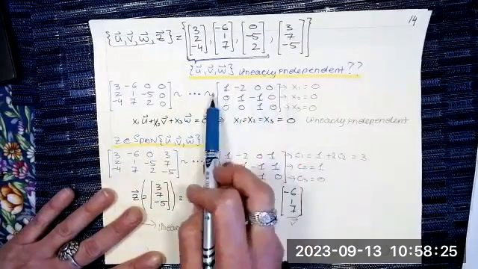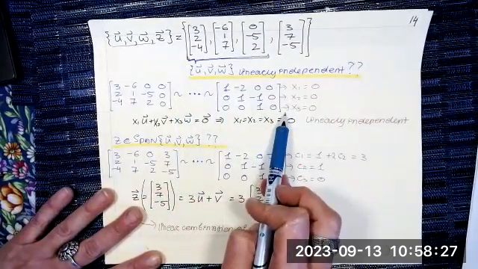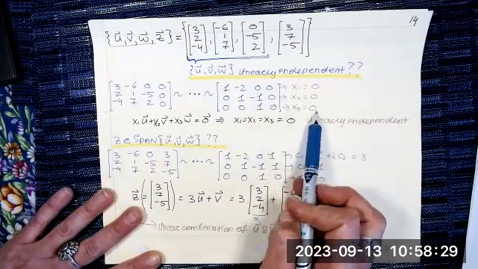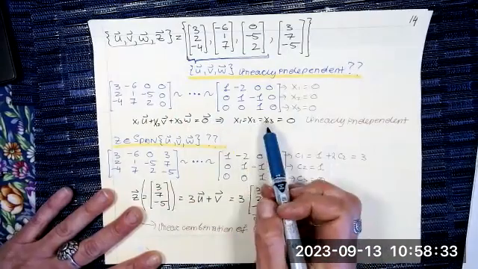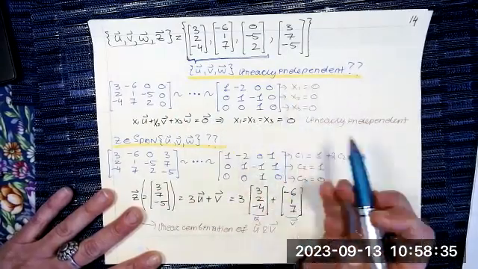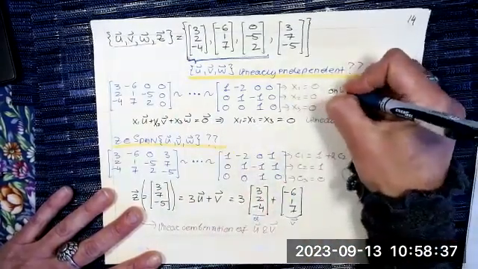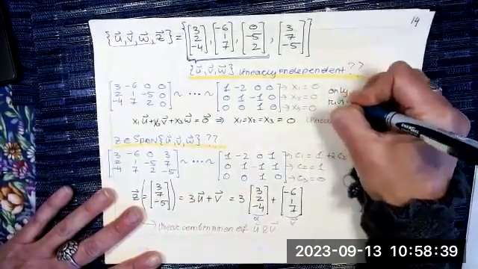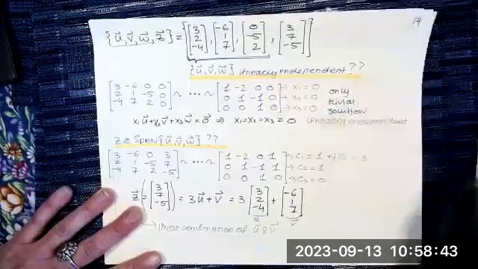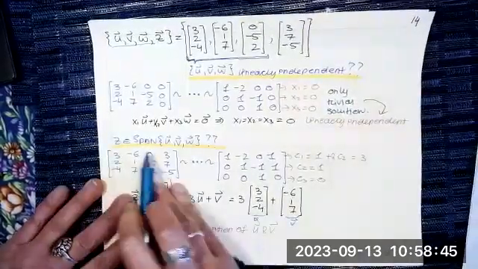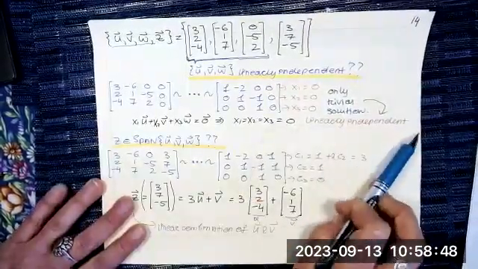If I do this, I get to my row echelon form, from which I can find that x3, x2, and x1 all have to be equal to 0. Because I only have the trivial solution, my set is going to be linearly independent.